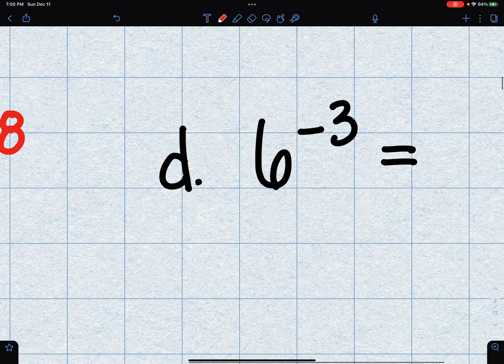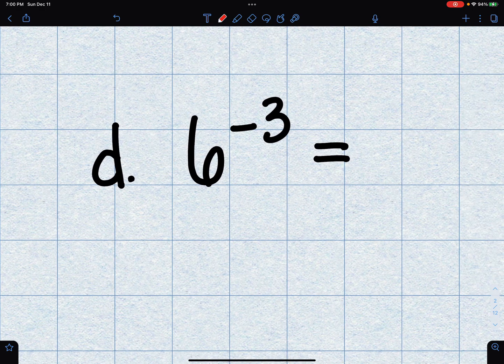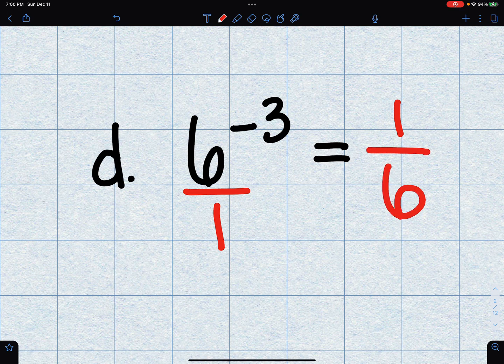Okay, let's do D. This is 6 raised to the negative 3 power. That's the fraction. Let's move the 6 to the bottom, 1 over 6, and change the sign of the exponent. 6 raised to the 3rd power, 1 over 6 raised to the 3rd power.